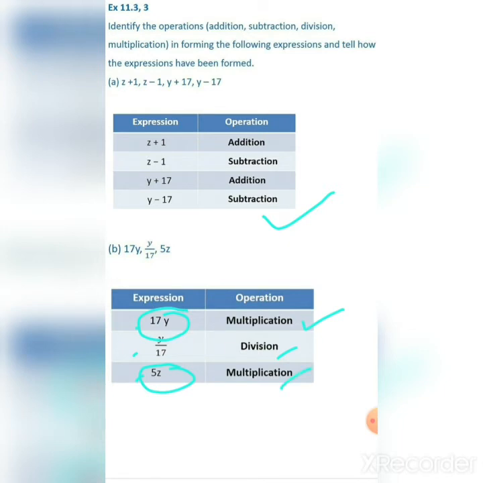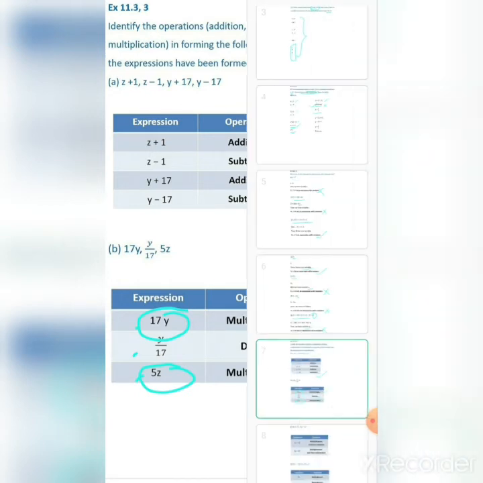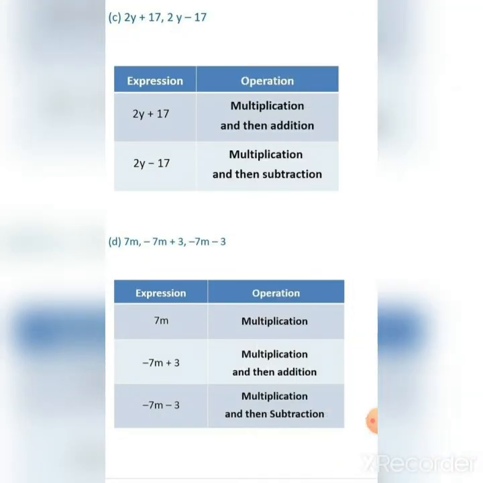Clear? Now moving to the next two sums. Here 2y plus 17 and 2y minus 17. What you can notice here is only one operator sign in both the expressions. But along with that, the variable is joined with one of the numbers. How is it joined with the number?